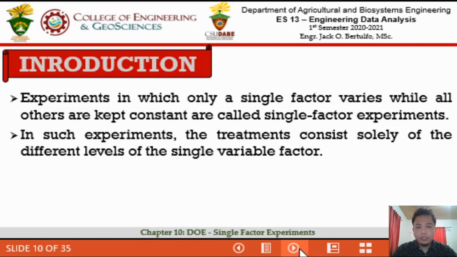So for the yield and the amount of fertilizer, we can use a single factor experiment. In such an experiment, the treatment consists solely of the different levels of a single variable factor. Let's say for the amount of fertilizer, the levels are 5 kilograms, 10 kilograms, and 15 kilograms. These are the levels of your factor.